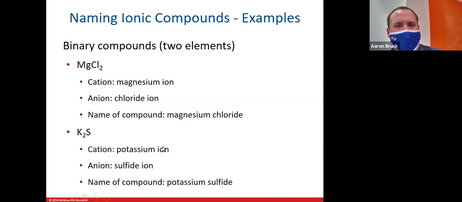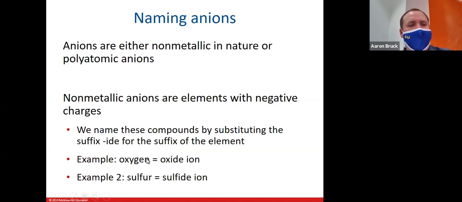What I want to do today is finish up naming. We spent a lot of time doing ionic nomenclature, naming of ions. I want to get into the other forms of naming, and that is the naming of acids and the naming of covalent compounds.